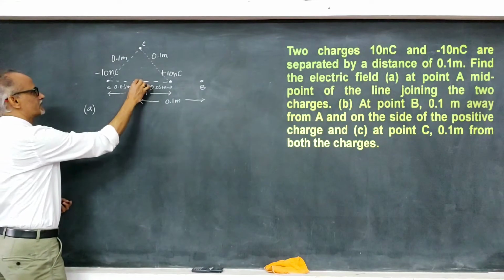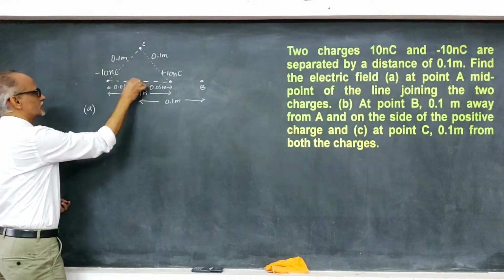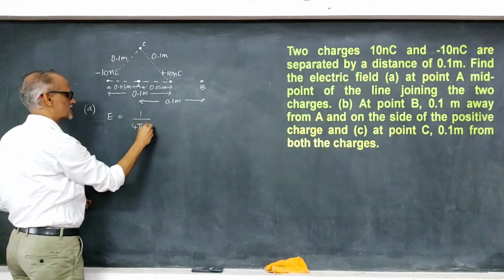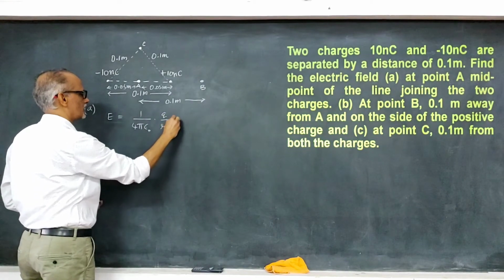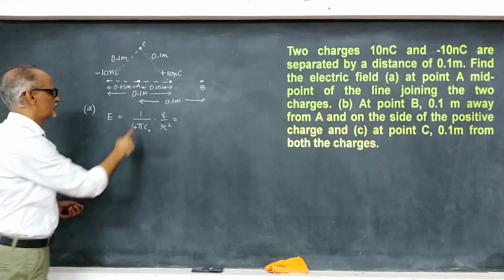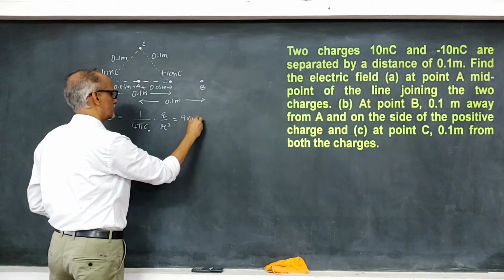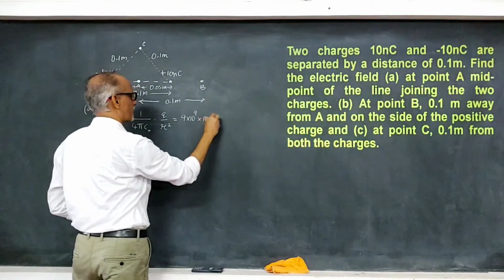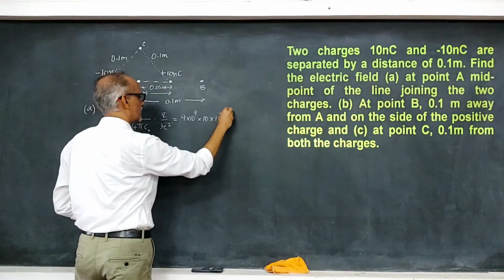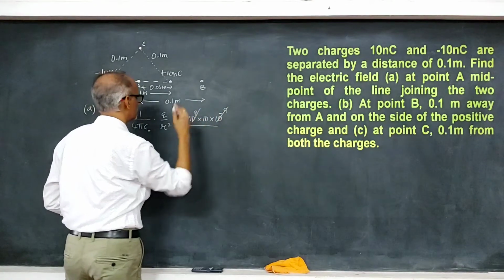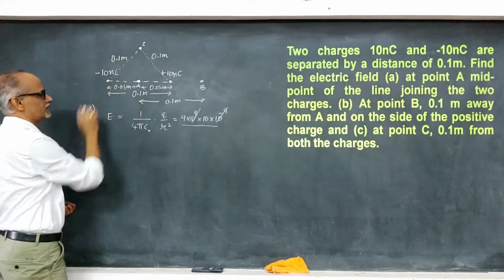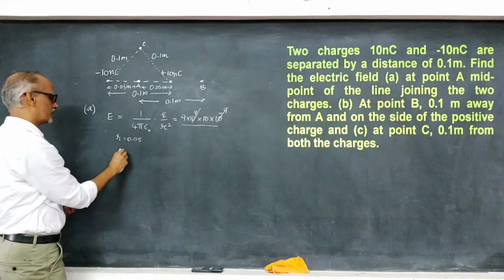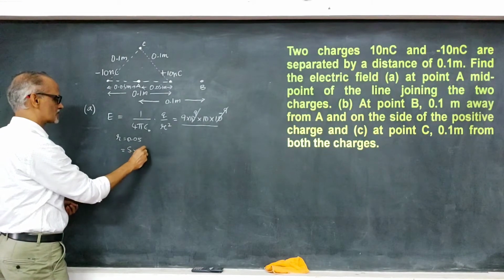So first I will find the electric field at this point due to each charge. For that I am going to use E is equal to 1 by 4 pi epsilon naught Q by R square. 1 by 4 pi epsilon naught is 9 into 10 to the power 9, into the charge 10 nanocoulomb, 10 to the power minus 9. So this will get cancelled here, and the value of R is 0.05, that we can write as 5 into 10 to the power minus 2.